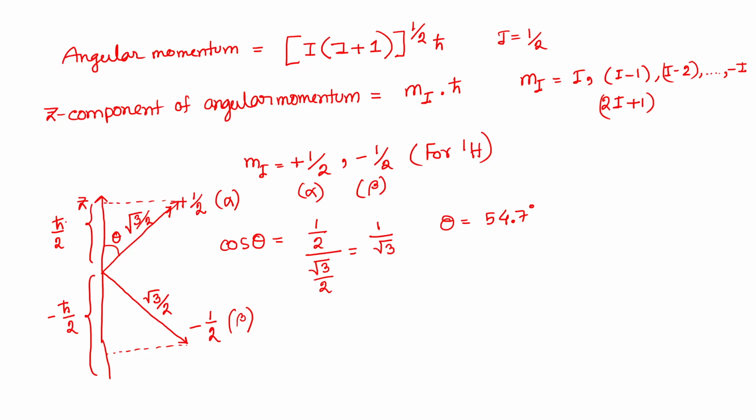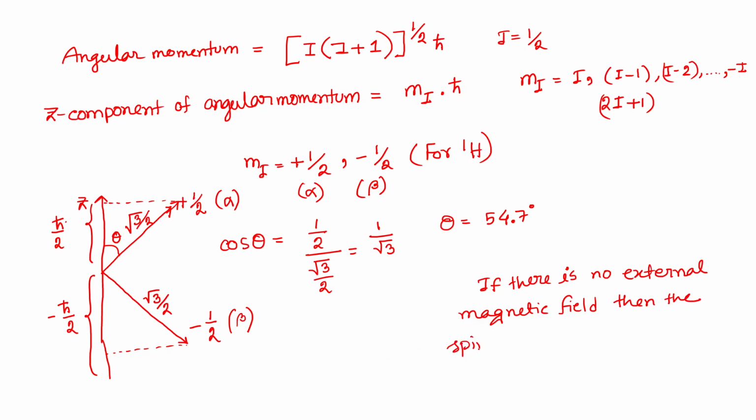Then we can discuss how the splitting will be done. Splitting will be there. When there is no external magnetic field, the spin states are degenerate.